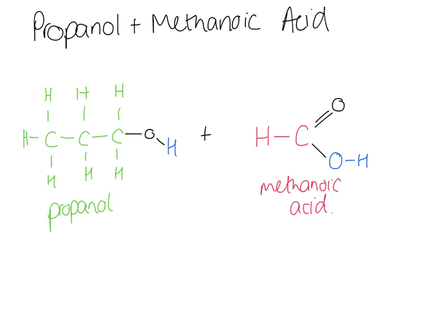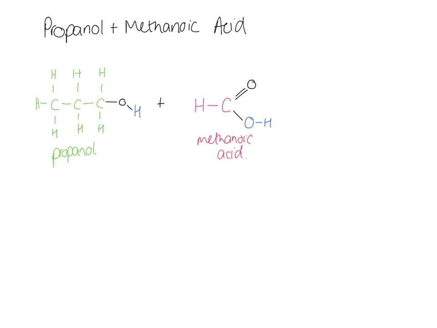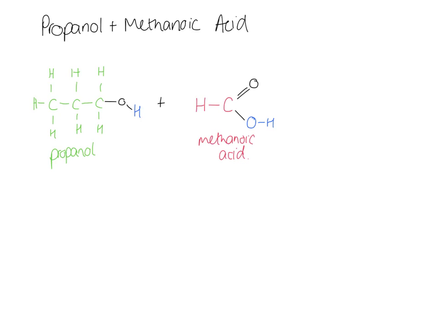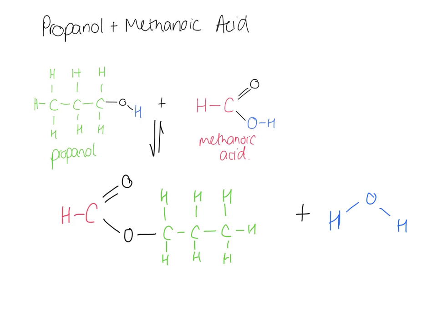Have a go at drawing the ester that you think you're going to form. Okay, so your structure of your ester should look as it is on the board now.